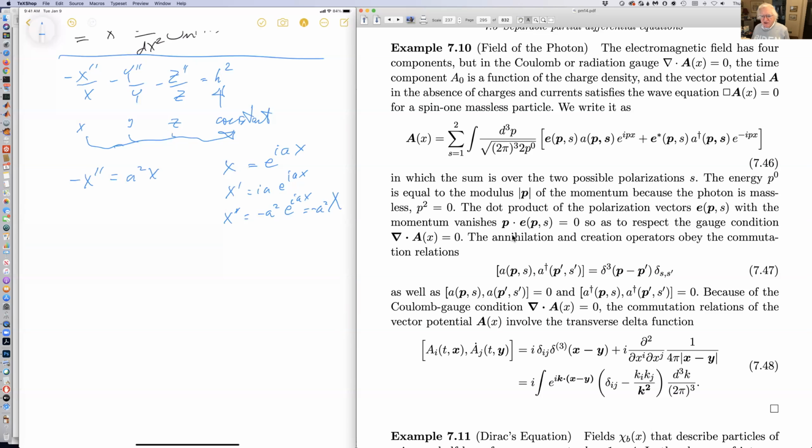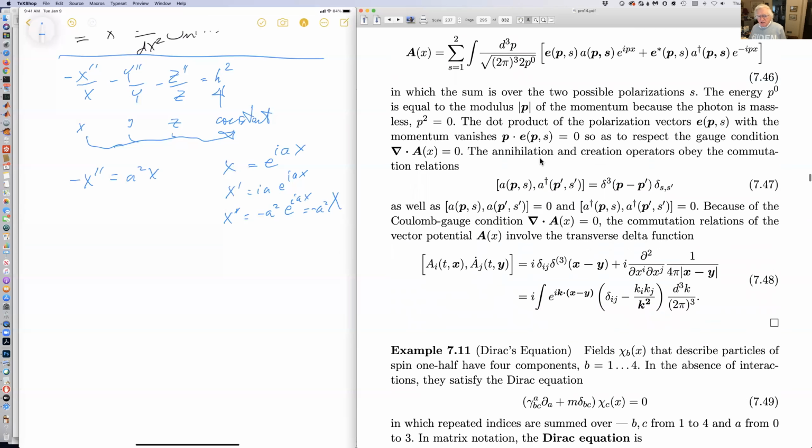These are 3-vectors, and the 3-vector p dot the 3-vector e vanishes. This respects the Coulomb gauge condition that the divergence of A is 0. These a and a dagger obey these commutation relations. s assumes 2 values here, so you have delta s s prime.